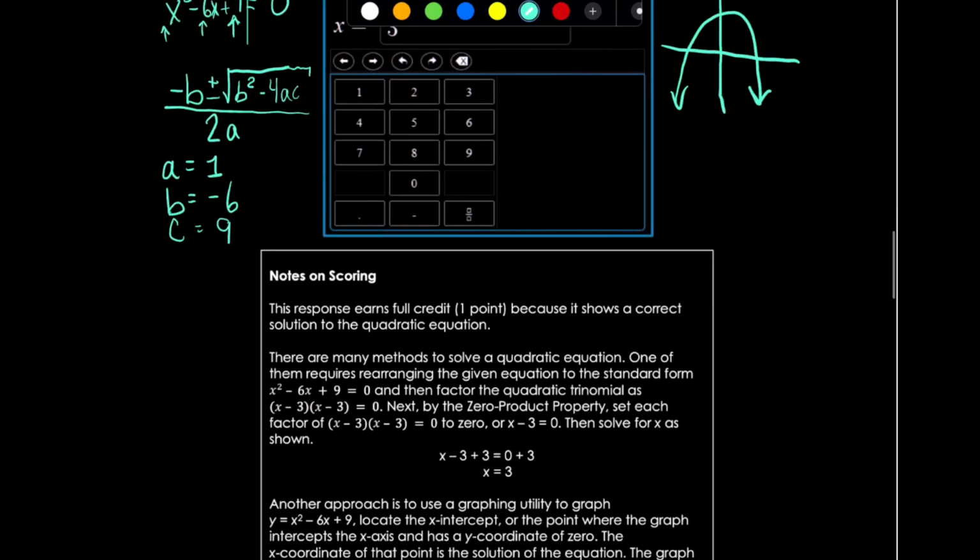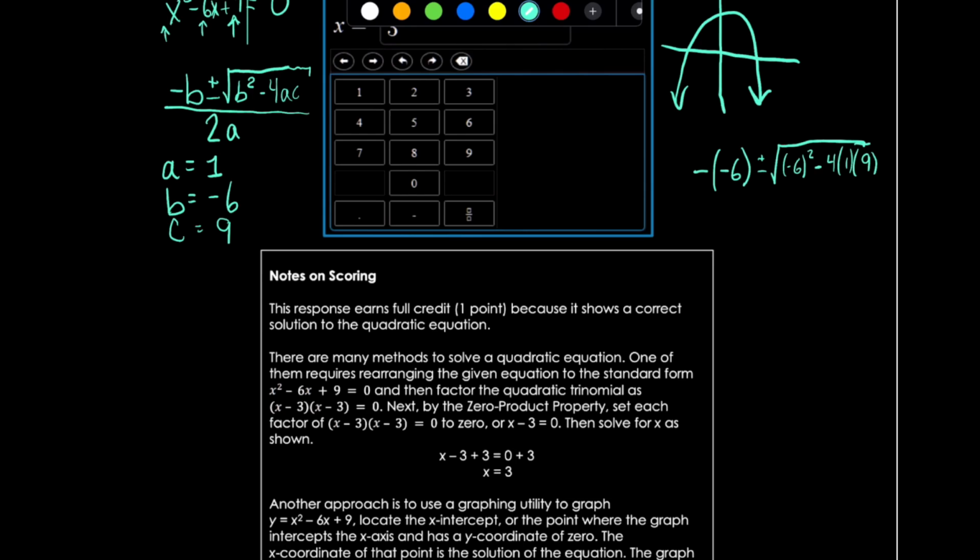Now we're going to have to plug all of this into the quadratic formula. So here we go. I'm going to move over here so we have a little more room. Negative b. So negative, our b is negative 6, plus or minus the square root of b squared, negative 6 squared. Remember to always use parentheses when you substitute in, minus 4 times a times c.